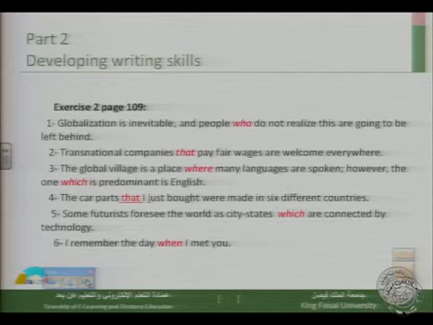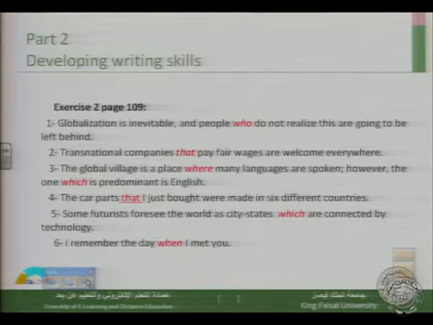Number 3, the global village is a place where many languages are spoken; however, the one which is predominant is English. Number 4, the car parts that I just bought were made in 6 different countries. Number 5, some futurists foresee the world as city-states which are connected by technology.